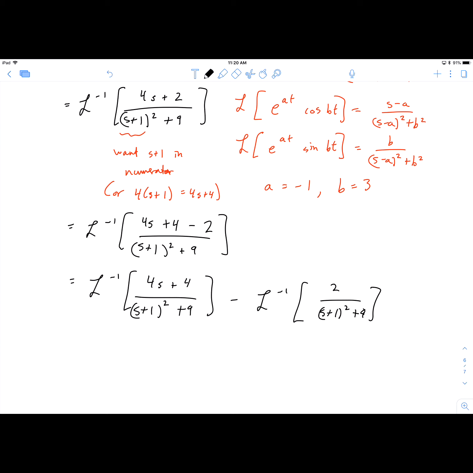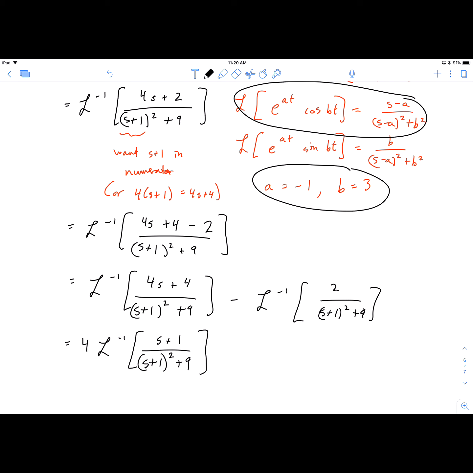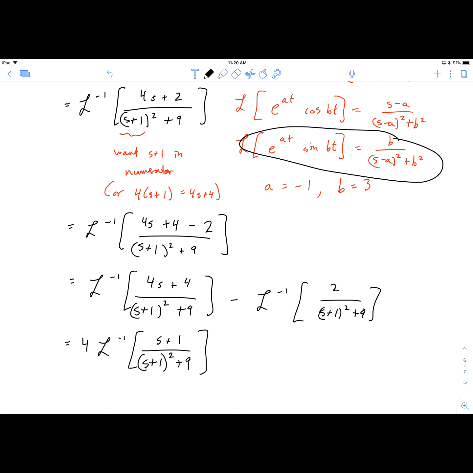On the first one, I'm going to pull out a 4. And what remains is exactly the form of e to the at cosine of bt with a -1 and b 3. So this matches exactly that. So we're close. We're almost done. The second part almost matches the sine, except that the numerator is not right. Now we've done this before.